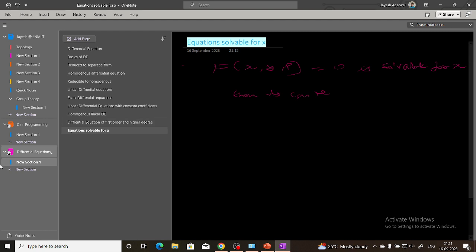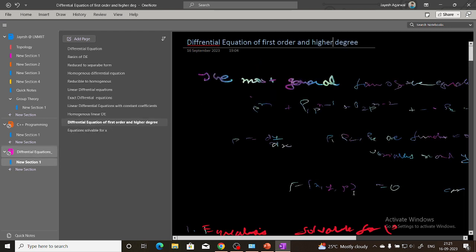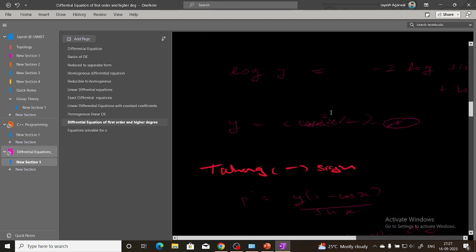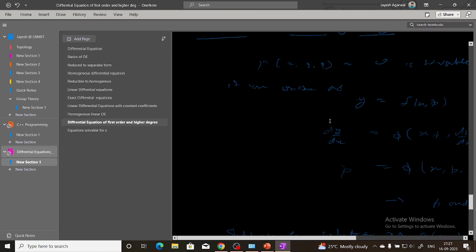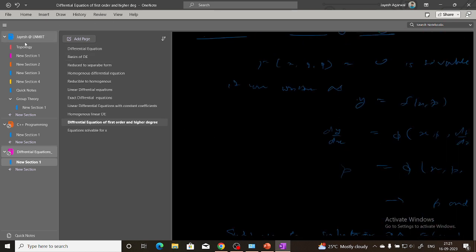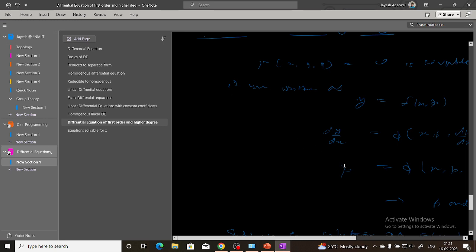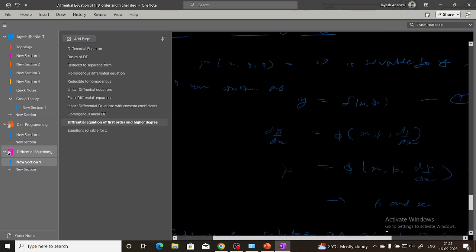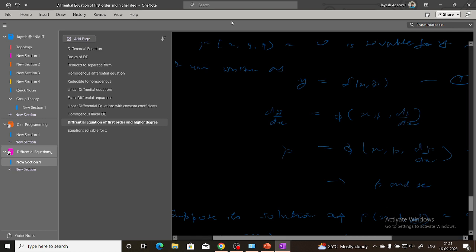Let us compare first of all. Here, if we have an equation solvable for y, then we have y equal to f of x comma p, right?